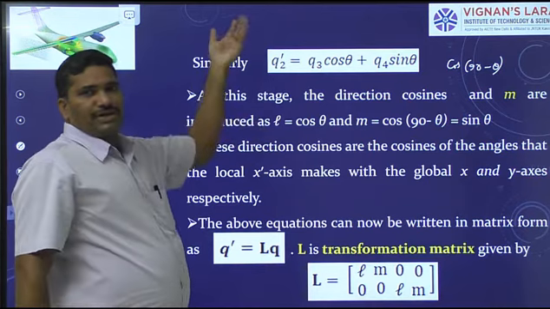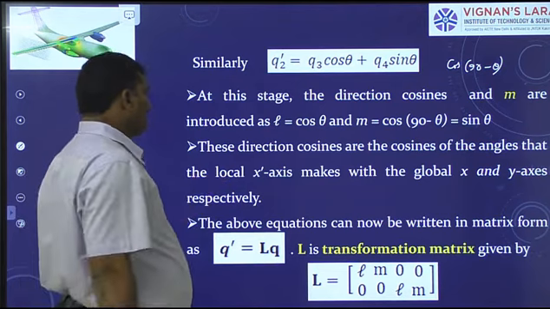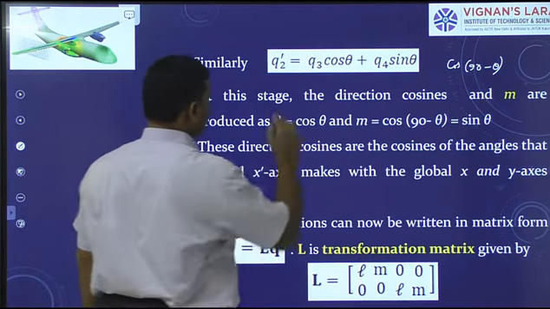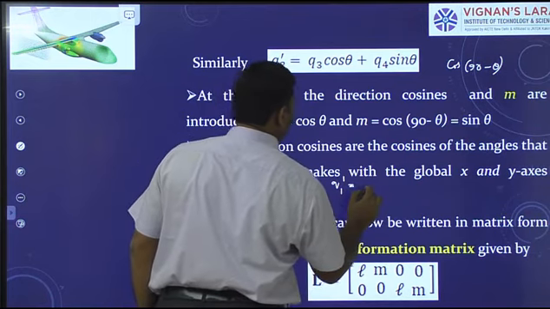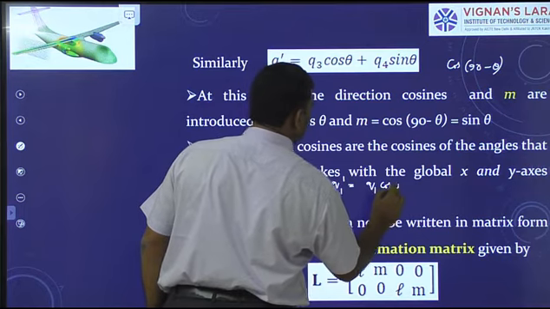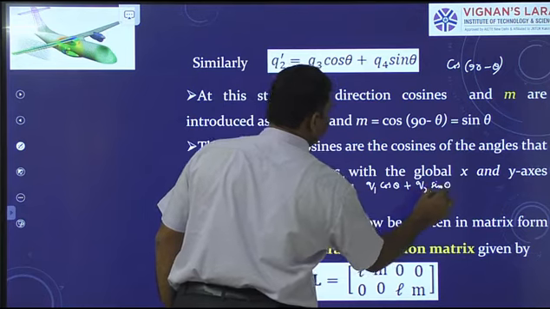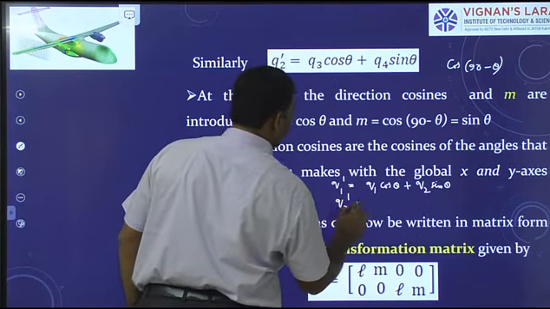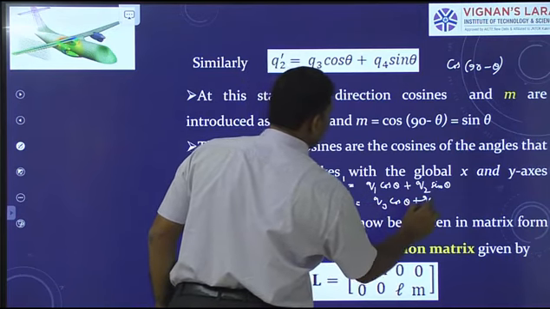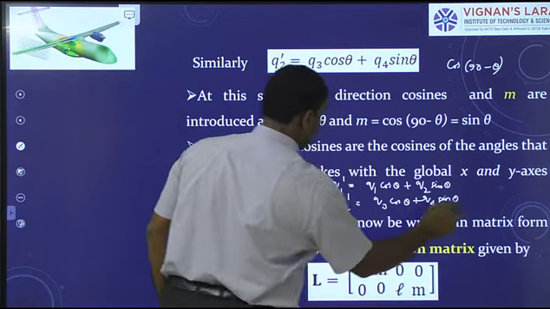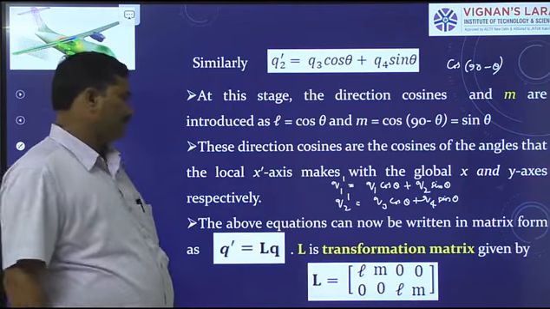Both equations, if you express in matrix form: the first equation is Q1 dash equals Q1 cos theta plus Q2 sin theta. The second equation is Q2 dash equals Q3 cos theta plus Q4 sin theta. These two equations you can represent in matrix form.